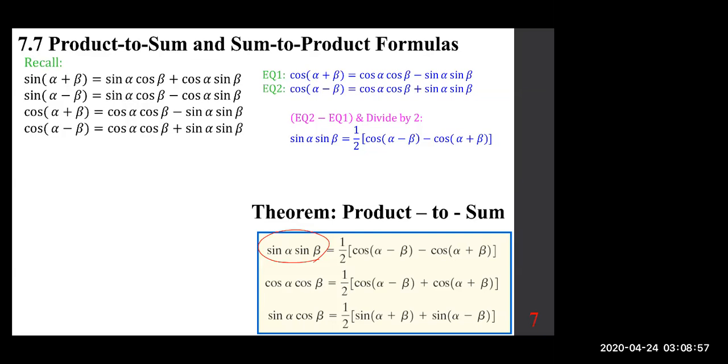What if we add them up and divide by 2? Class, equations 1 and 2, when we add up and divide by 2, do you see it gives us cosine alpha cosine beta is half of their sum? So we established the second one.